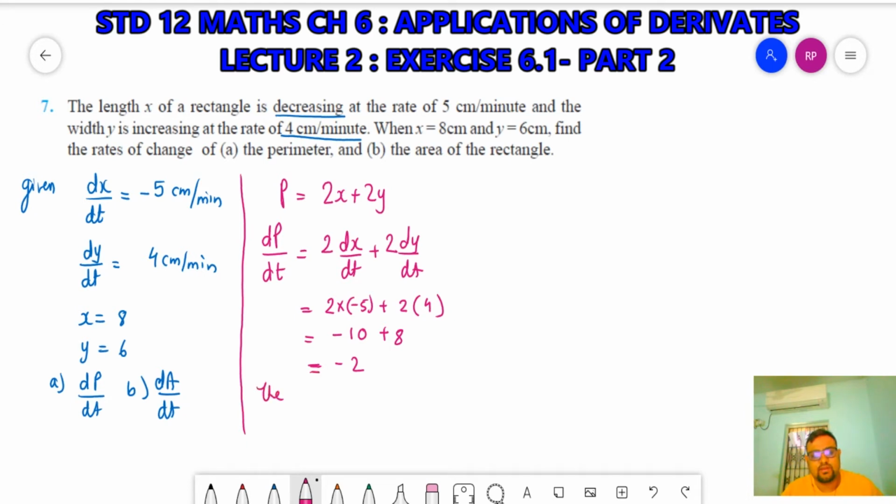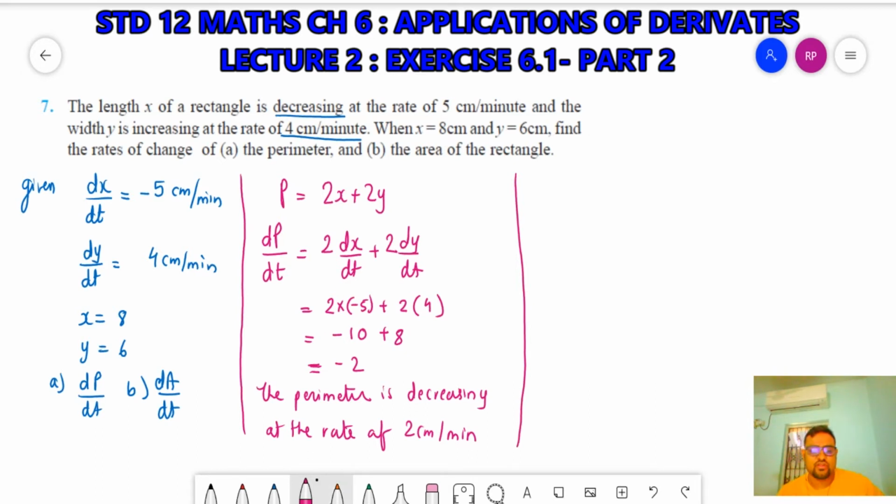Okay, the perimeter of the rectangle is decreasing at the rate of 2 centimeter per minute. Because I got the answer in negative, it's decreasing.